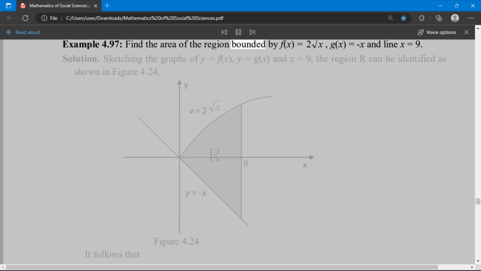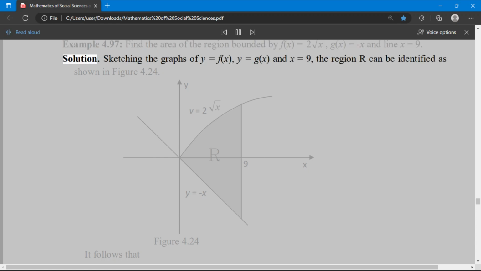Example 4.97. Find the area of the region bounded by f(x) = 2√x, g(x) = x and the line x = 9. Solution. Sketching the graphs of y = f(x), y = g(x), and x = 9, the region R can be identified as shown in Figure 4.24.